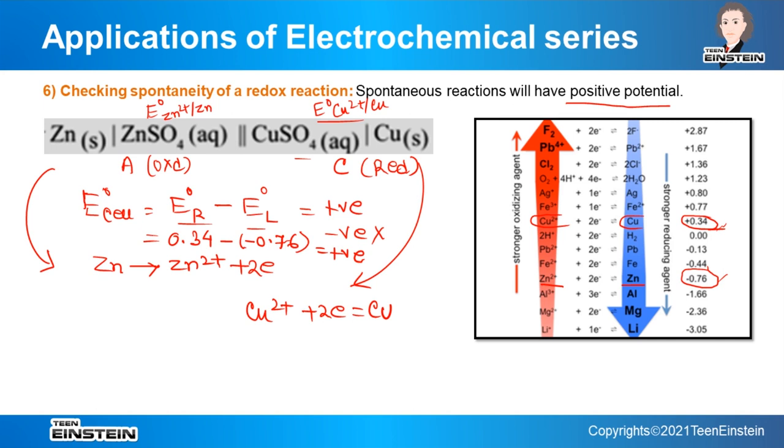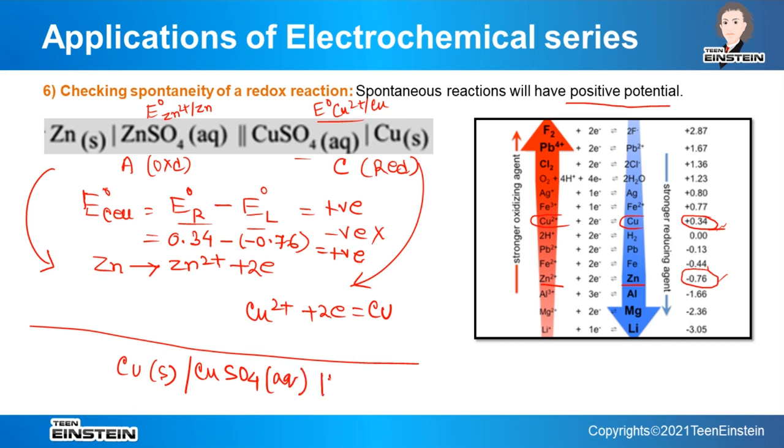But suppose the cell representation is given in this way: CuSO4 aqueous, salt bridge, then ZnSO4 aqueous and zinc electrode.